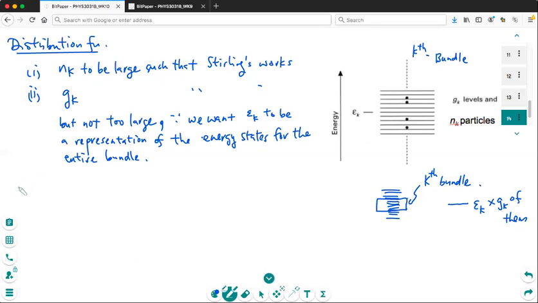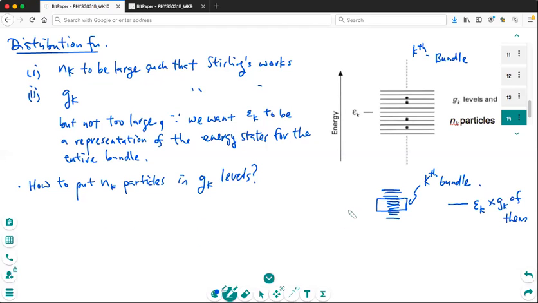Okay, the next question is how to distribute these N sub K particles in G sub K states. I will use levels. You have N sub K particles and you have G sub K levels. How do you make the arrangement?